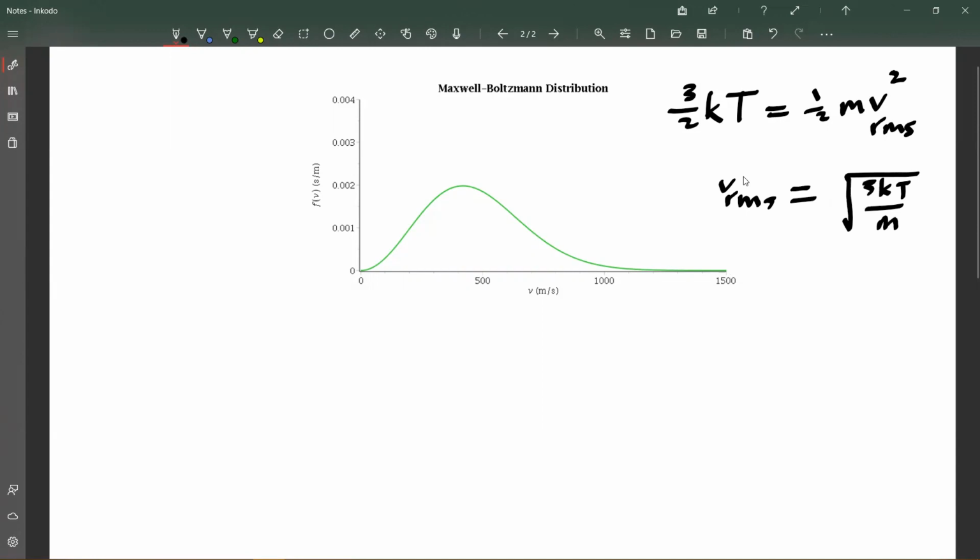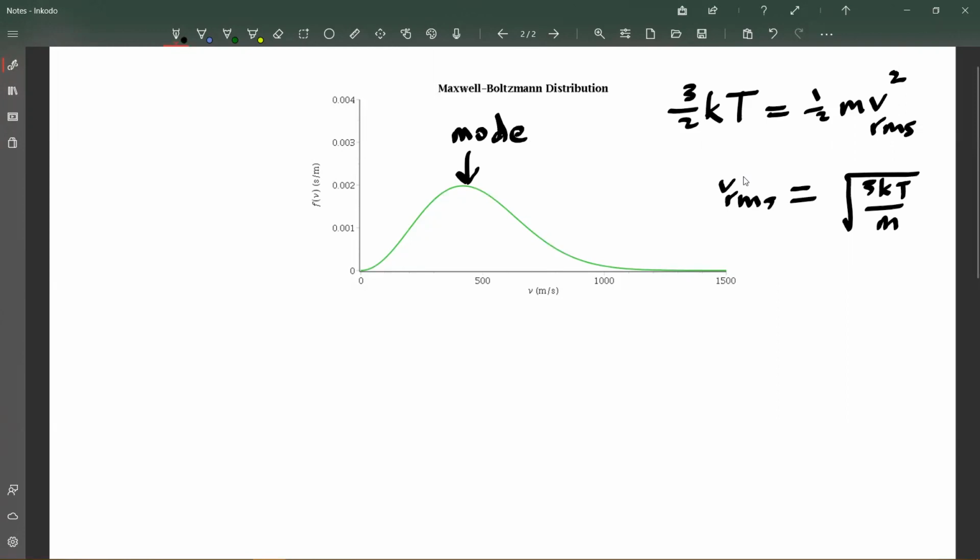But the RMS speed is actually, I don't believe it's this speed. This is what you might call the mode of the distribution of speeds. It's the most probable. In other words, if you had like a jillion gas particles all at the same temperature, or that doesn't even make sense. It doesn't really make sense to talk about the temperature of an individual atom. You have to talk about the temperature of that quantity of gas.